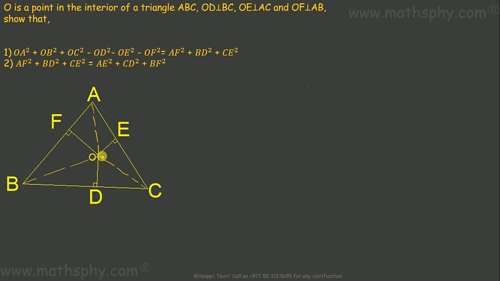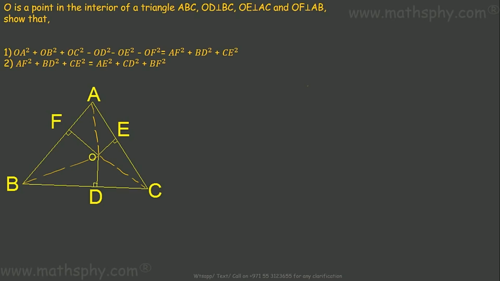If OF, OE and OD are perpendiculars, which they are, as well as bisectors for their sides also, in that case this point O will be circumcenter for ABC. However, in this case OF, OE, OD are perpendiculars, however they are not bisectors. In that case this is not circumcenter.